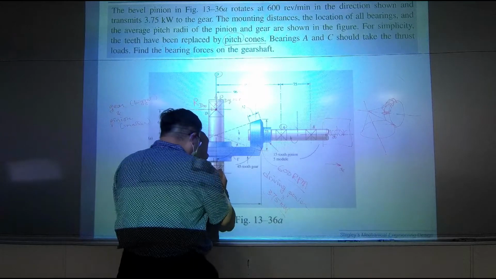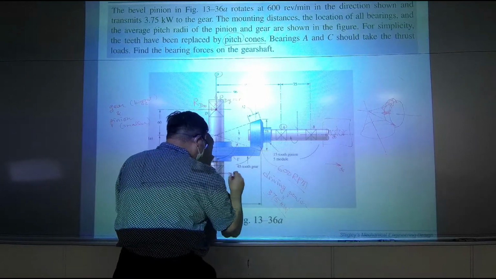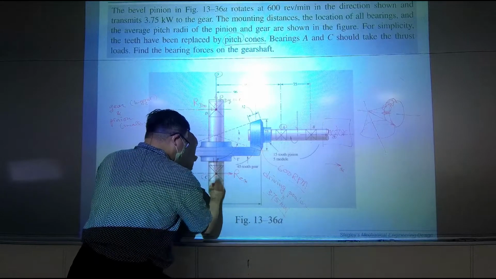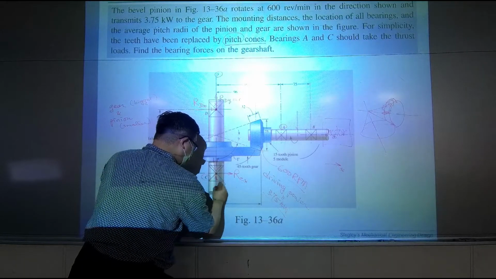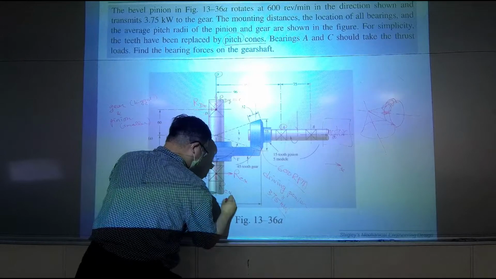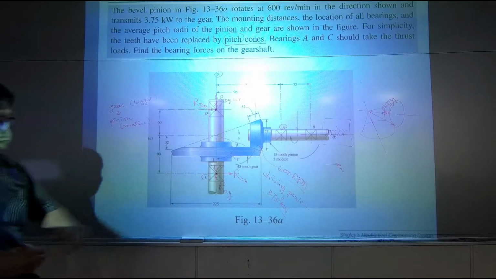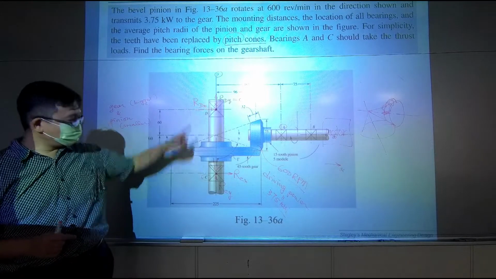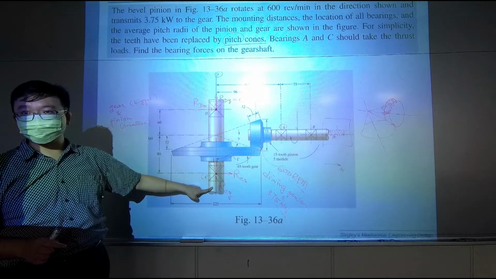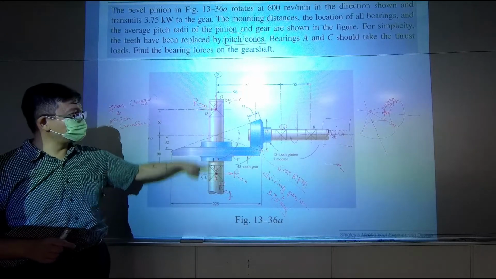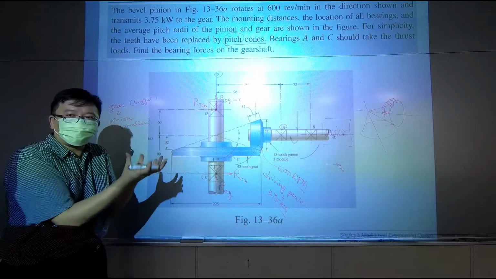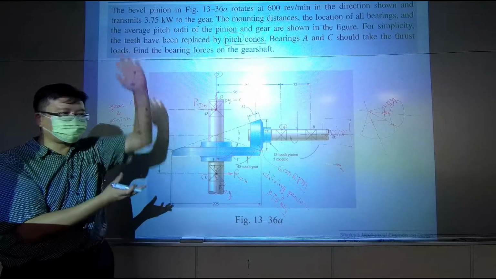So when we solve it, this is the reaction force at C along X, and this is the reaction force at C along Y. This is what the problem is talking about. This reaction force exists, but this one doesn't, because only this one is carrying the actual load.